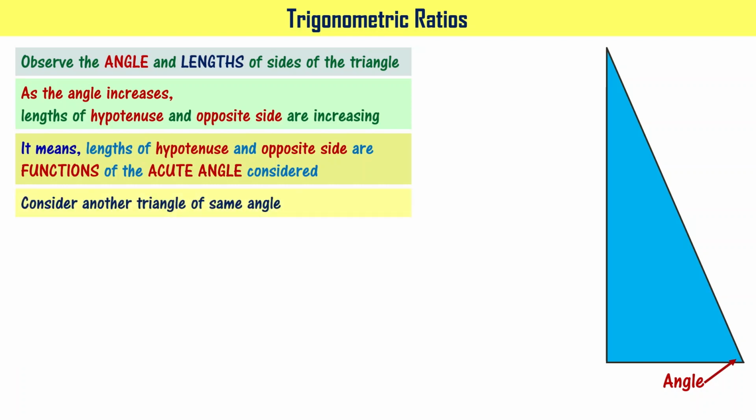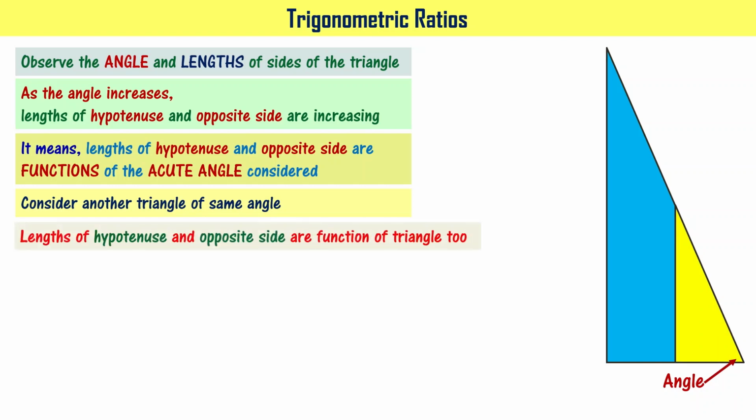Let's consider another triangle of the same angle, shown in yellow color now. If you observe, lengths of hypotenuse and opposite side of the yellow color triangle are different from the blue color one, right? Though the angle is the same. It means that lengths of hypotenuse and opposite side are functions of the triangle considered also, right?